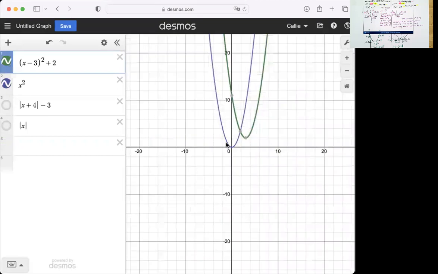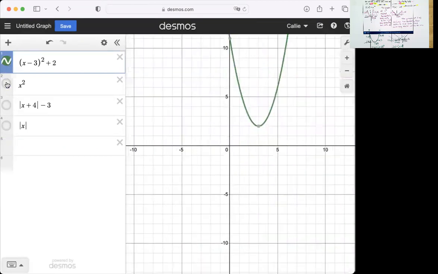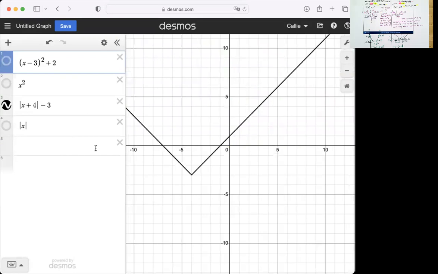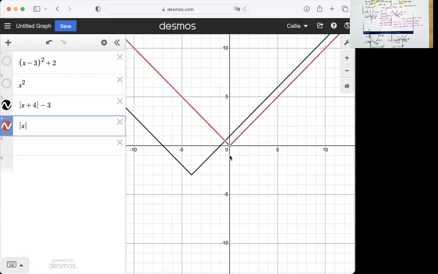It is the same in every other way, okay? Shifted. Then we have the absolute value of x plus 4 and then -3. So we can see that the original absolute value of x, the point that was the origin, is now moved 4 to the left, 1, 2, 3, 4, 3 down, 1, 2, 3 down, and there's that point.